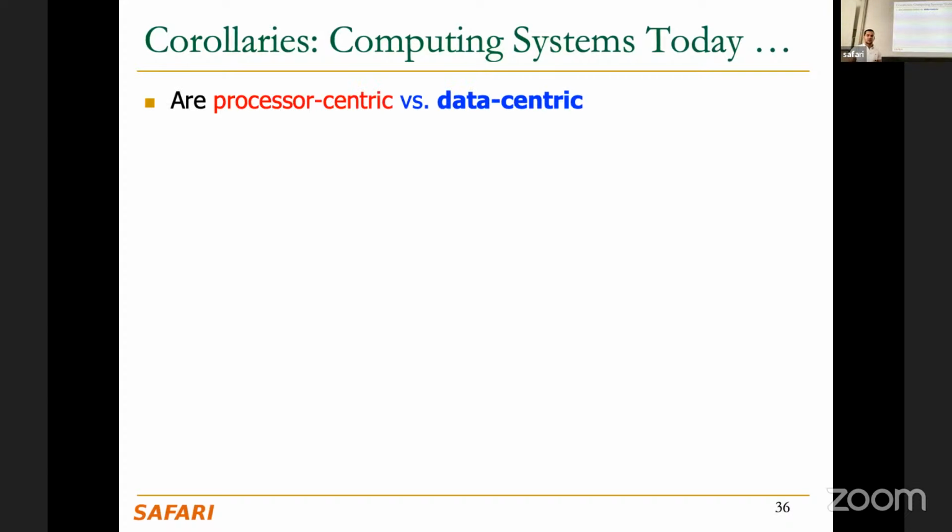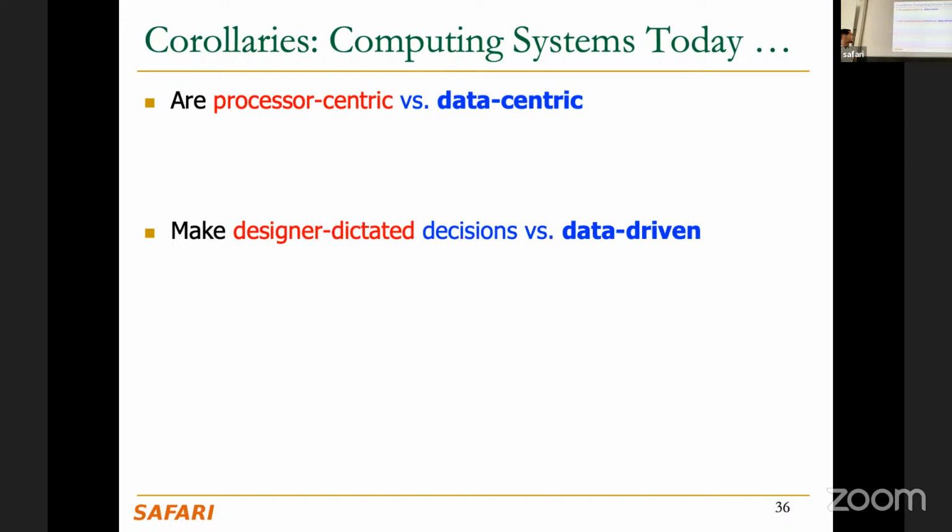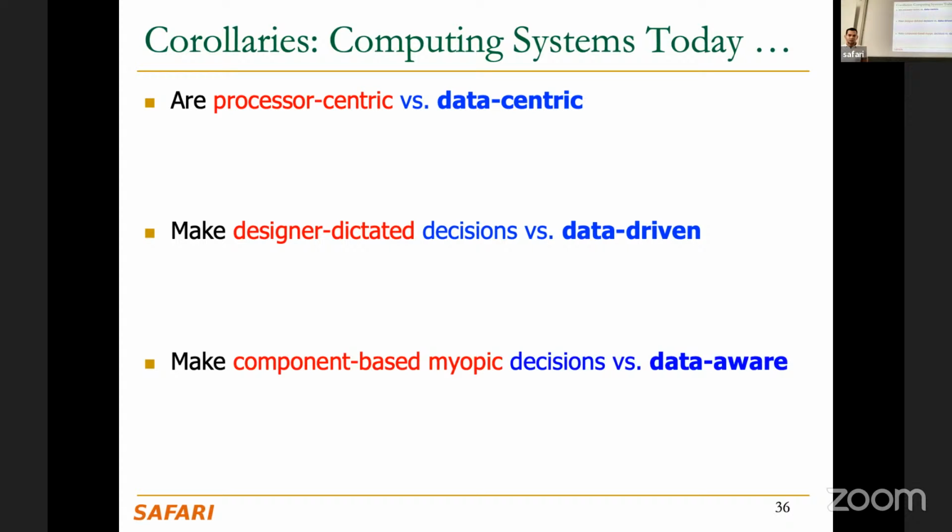So, as a summary, in computer systems today we have this processor-centric view, where we move the data near to the computation, versus this data-centric view, where we do the computation nearby where the data is. Designing systems with these different approaches is going to dictate what type of design we have: designer-dictated decisions or more data-driven decisions.